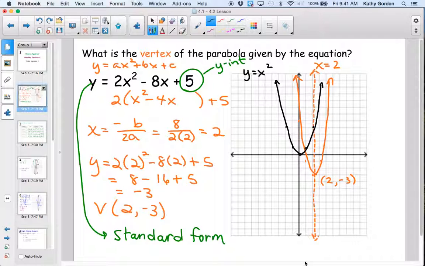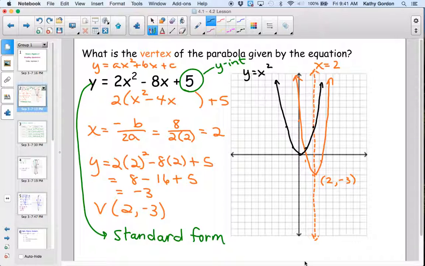Okay, so now how would you say the orange graph, the graph of y equals 2x squared minus 8x plus 5, compares? What would be one thing we could say? Claire? Oh no, sorry. Cheryl. Sorry. Cheryl, what do you think?